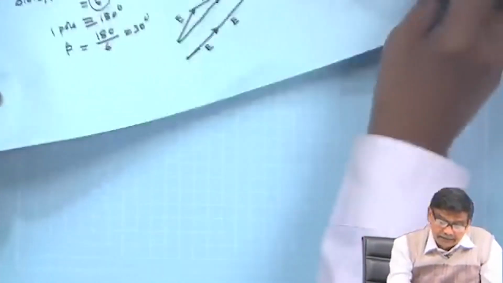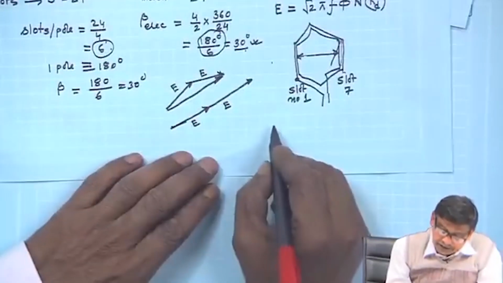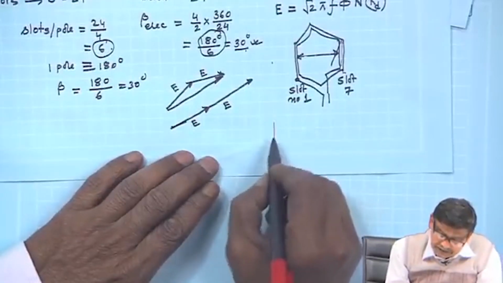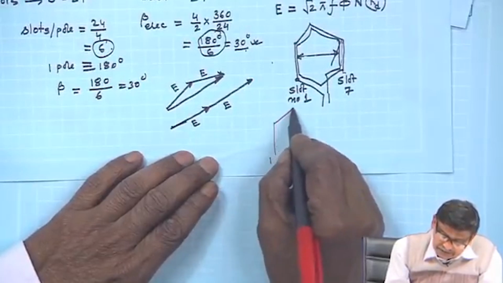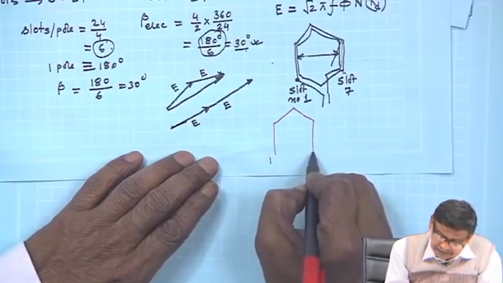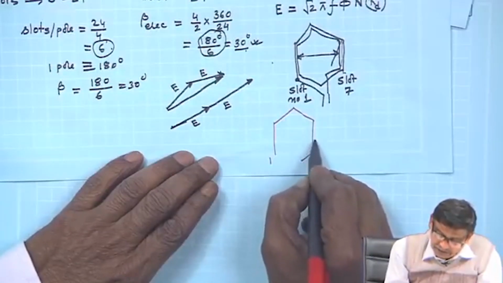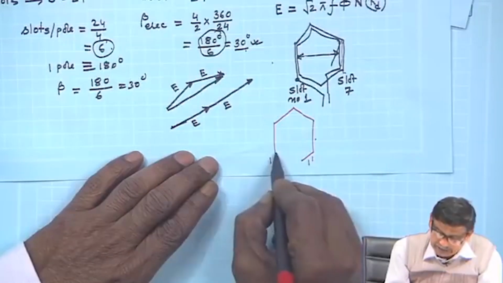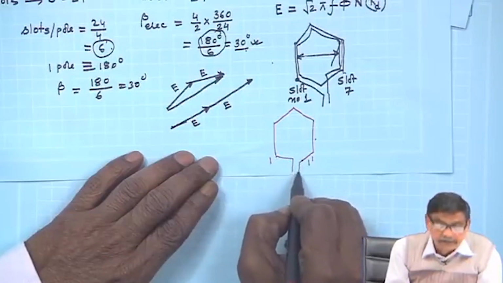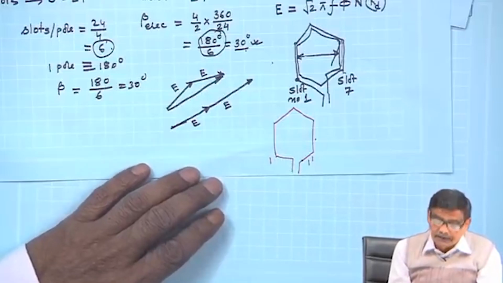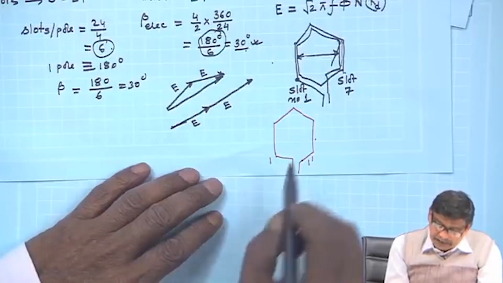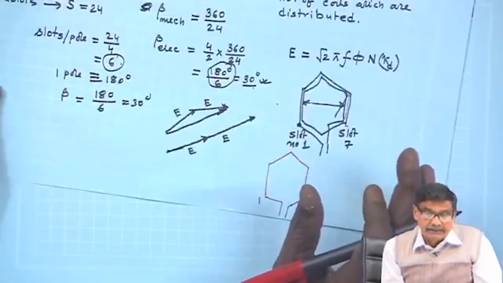So far I was telling that I will name the conductor coil sides in this way. If one coil side here, I was calling it 1 and its return 1 dashed, is it not, that is what I was doing. But I will now slightly change that.